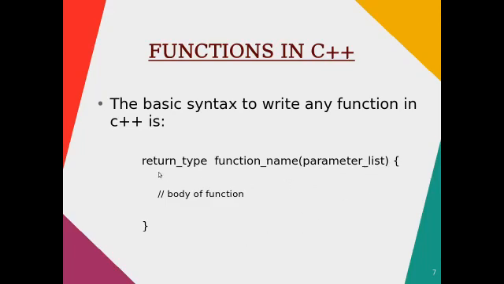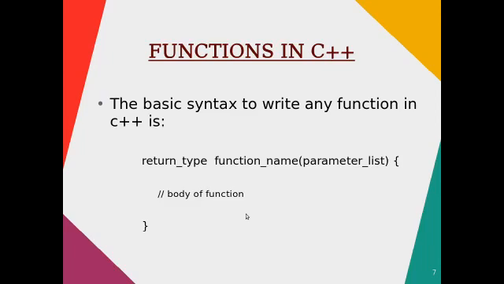The first line, starting from the return type up to the list of parameters excluding the curly braces, is known as the signature of the function, and the remaining part from the curly braces is considered the body of the function. So this is the basic information about functions.